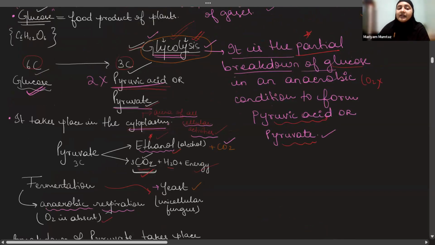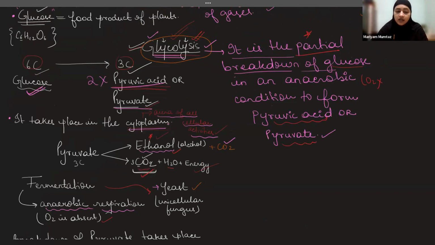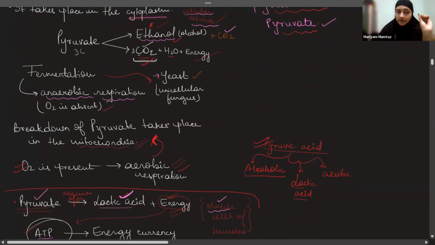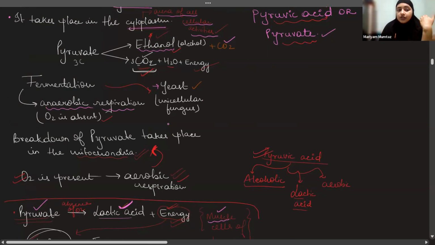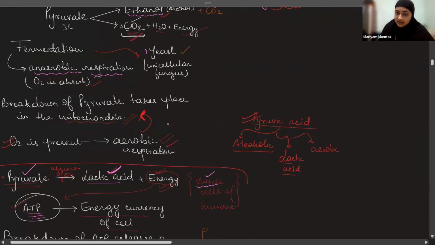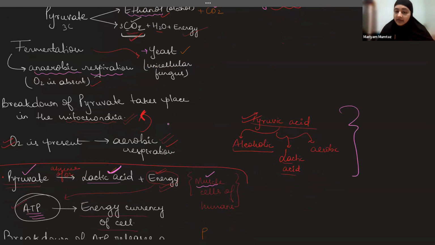After this pyruvic acid or pyruvate has been formed, what happens? It has to undergo certain different stages. After being formed, it either undergoes anaerobic respiration further, or it undergoes the process of fermentation. This thing on your screen is the fate of pyruvic acid.